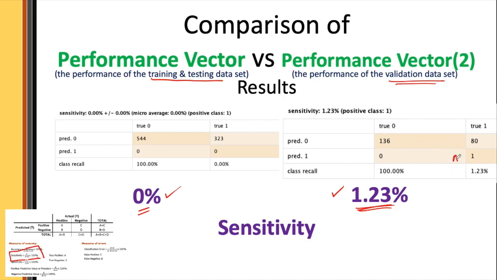Since in this confusion matrix, this is our A and this is our B, this is computed as 1, which is A, over A plus B, which is 1 plus 80, again times 100%. This is the percentage of those correctly identified as having a positive outcome among those with the positive outcome, which in this case is whether the customer bought the product or not.